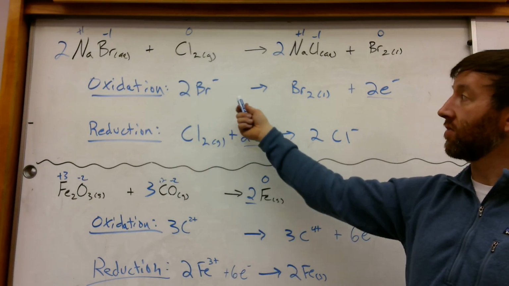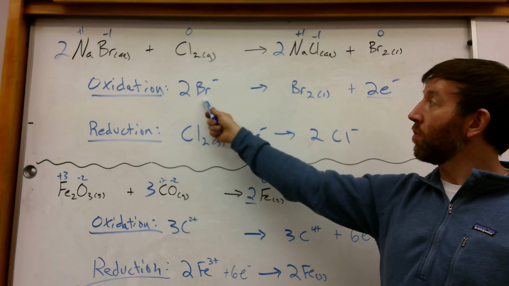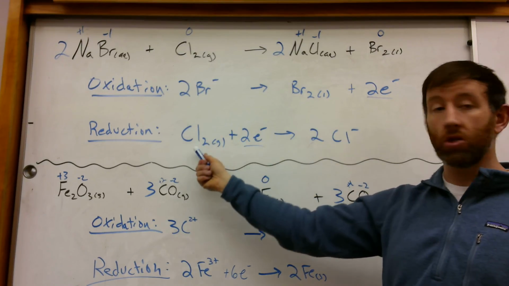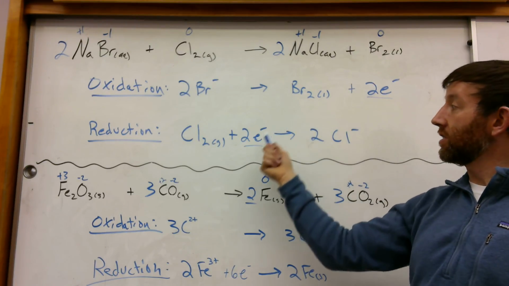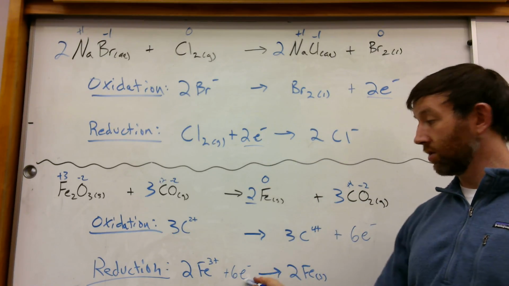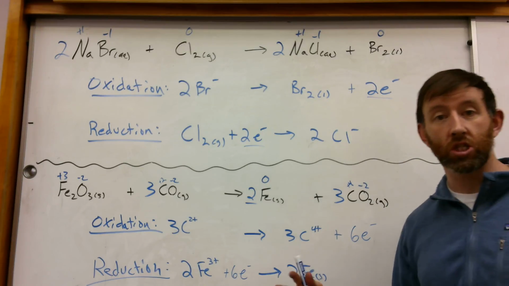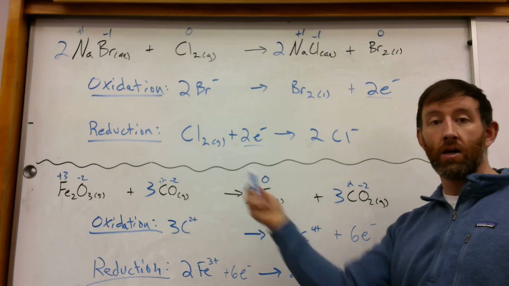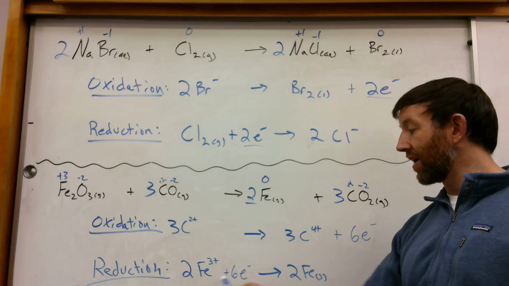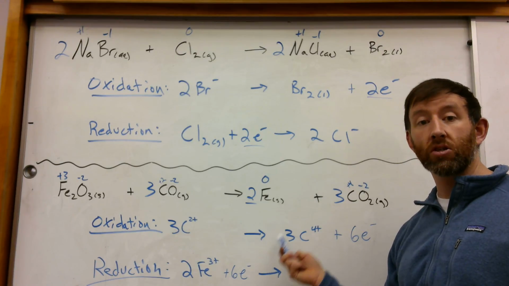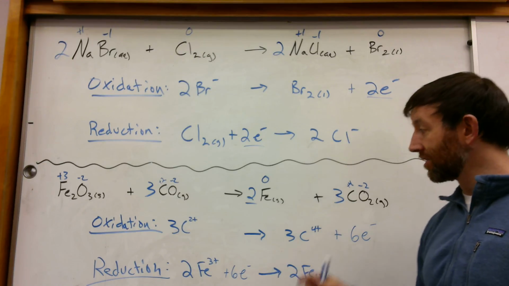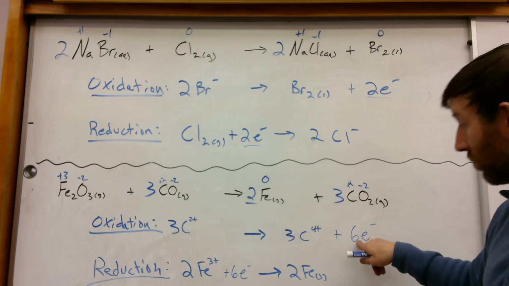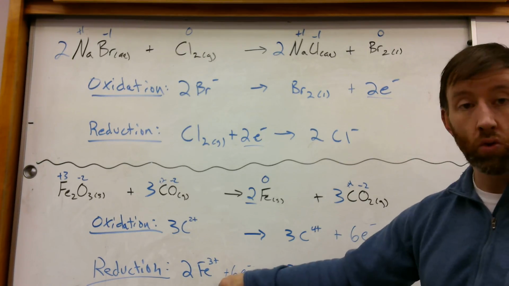In the case of this one, the bromine ions donate 2 electrons to the chlorine gas to make chlorine ions. Now, these numbers should match in your half reactions. Just like we have conservation of matter when we're balancing reactions, when we write our half reactions, we've got to make sure that our electrons balance in the 2 half reactions, because that is an actual direct transfer of those 6 electrons to the iron.